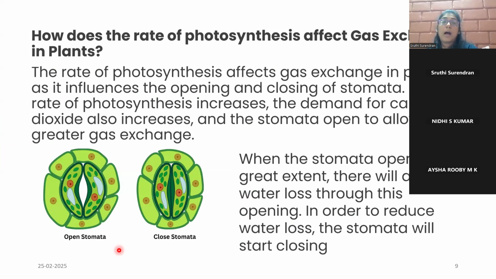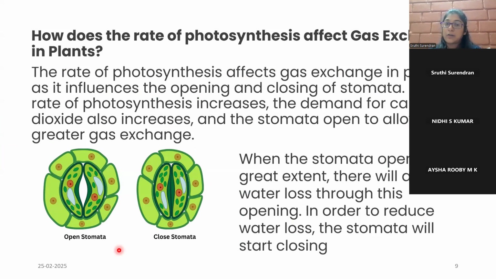Now, how does the rate of photosynthesis affect the gas exchange in plants? So rate of photosynthesis is also something that influences the opening and closing of stomata. Say, for a particular rate of photosynthesis, the stomatal conductance, or the opening of stomata, is going to be at a certain degree.